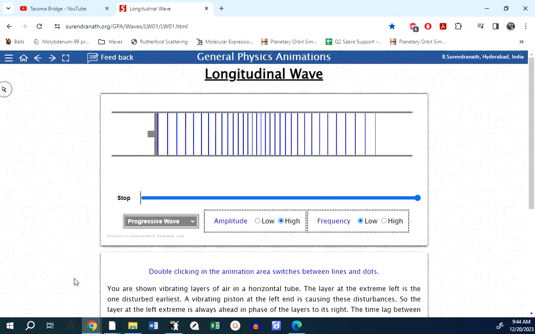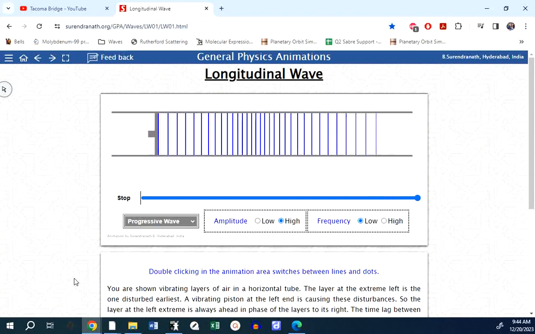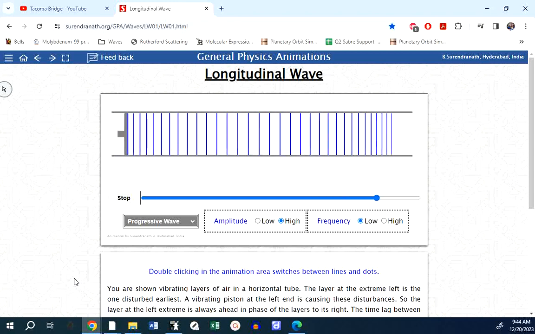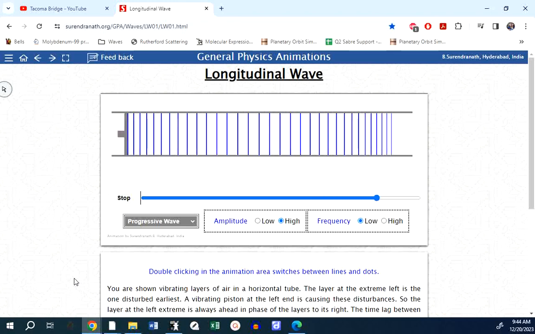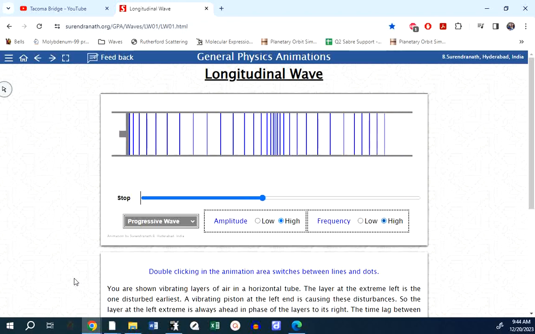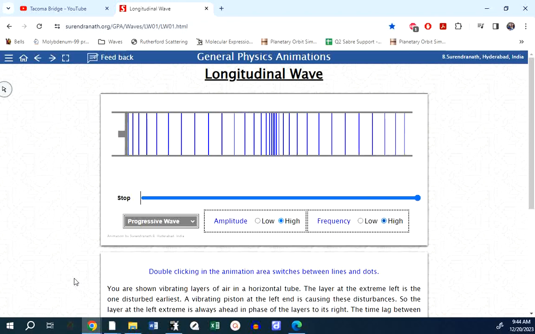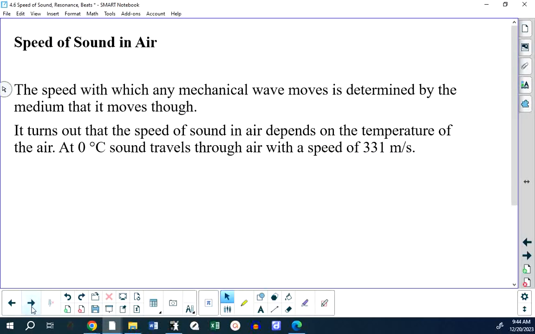But if the molecules are already moving faster because it's warmer air, the time it takes in between the collisions is less. So for sound in air, if the air is already moving around randomly faster, it's going to take less time for the wave to move through it. And what that means is, as the temperature of air goes up, so does the speed of sound.